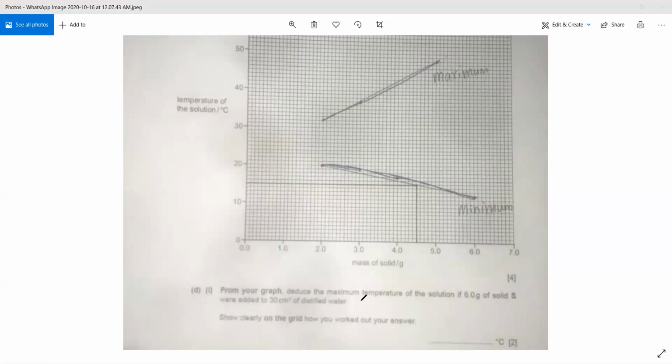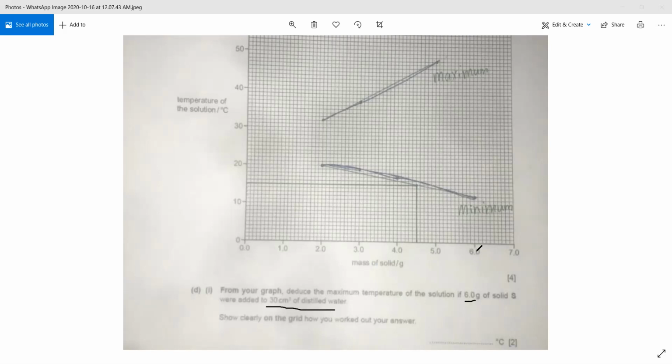So from your graph, deduce the maximum temperature of a solution if 6 gram of solid S was added to 30 cm cube of distilled water. Show clearly how you would work out your answer.